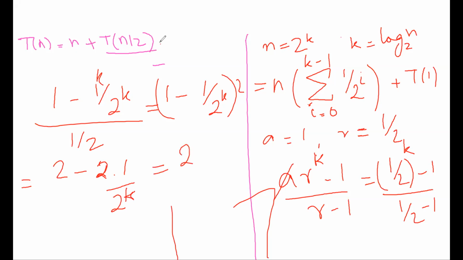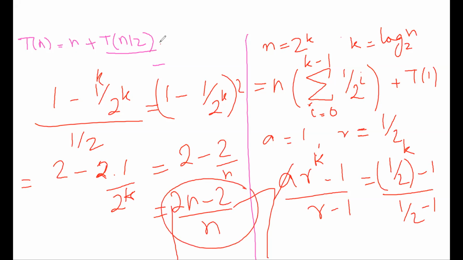So 2 minus 2 by n is 2n minus 2 by n. I think there's something wrong somewhere. One by 2. Okay, just remember this for now. We'll come to this in a while.